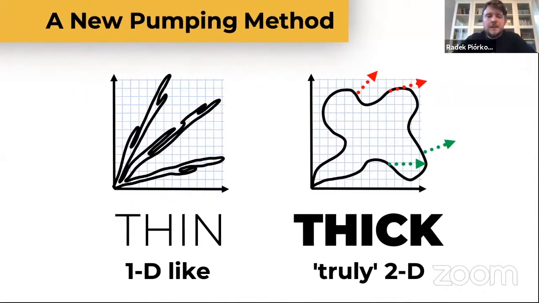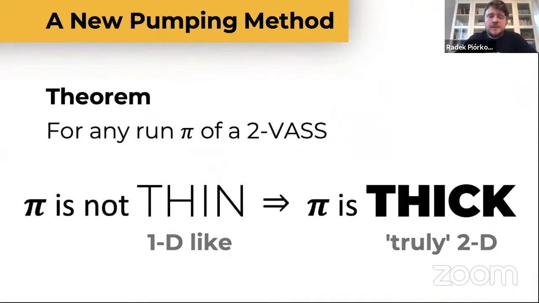So this is how our definitions of thin and thick run work. And to remind you, we proved this. This is one of the most important theorems that we proved. It's not that straightforward because the definition of thin runs is not much related to the definition of thick runs.